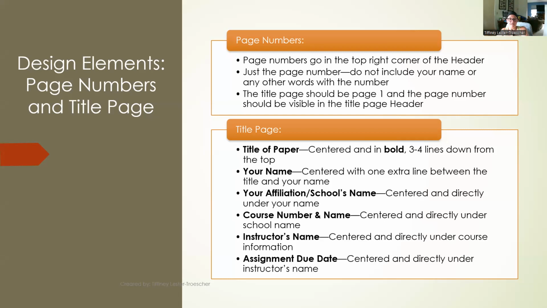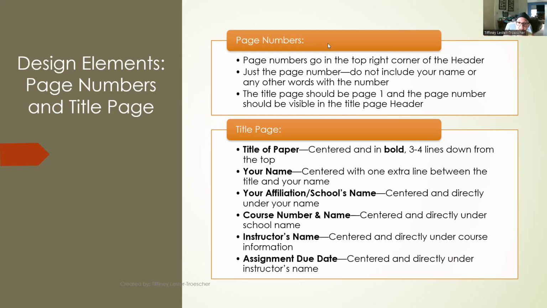And then in bold, you're going to type the title of your paper. Then you're going to take it out of bold and hit enter twice. And then you're going to put your name, enter, your school's name, enter, course number and name, enter, instructor's name, enter, and assignment due date.